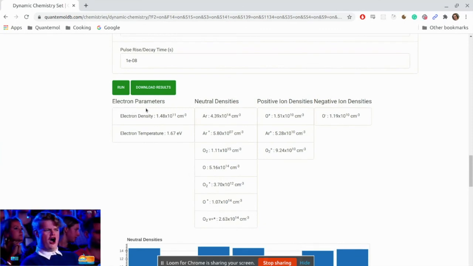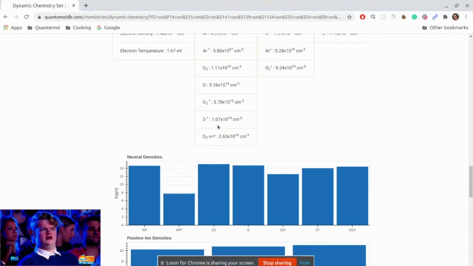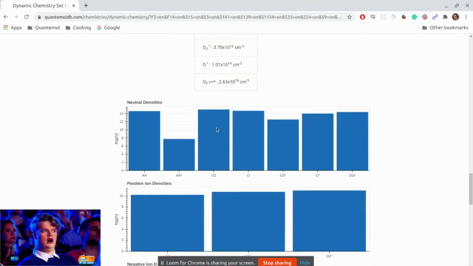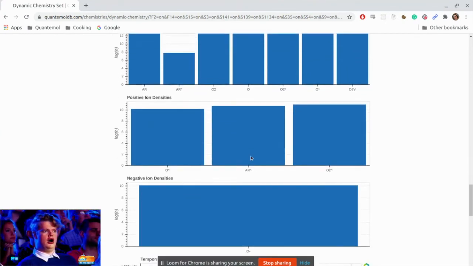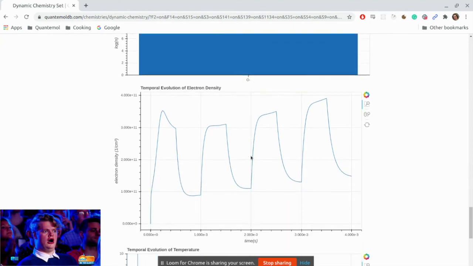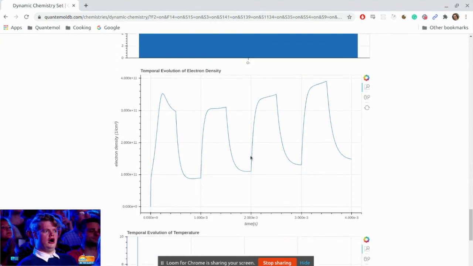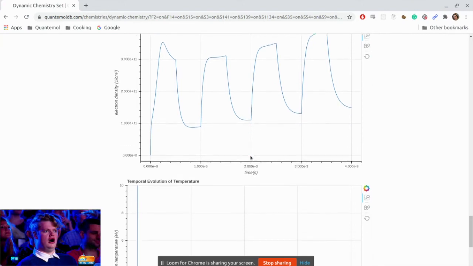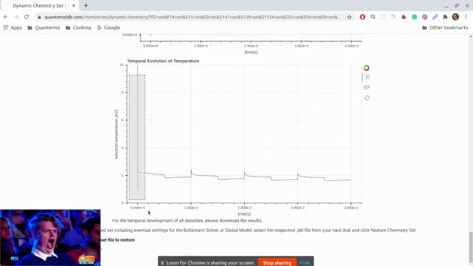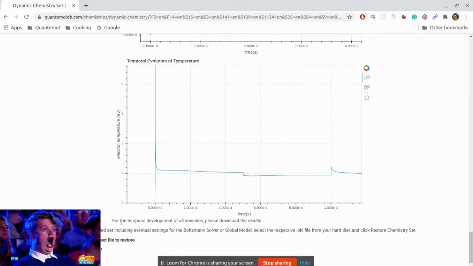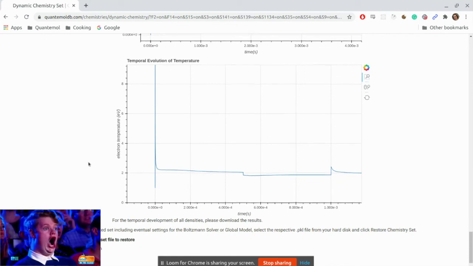So here we have the actual values for densities. Here they are represented as a chart, so you can visually compare them. Here is our very nice temporal evolution of electron density responding to pulsing. We can also zoom in on graphs. We'll look at them with higher resolution.